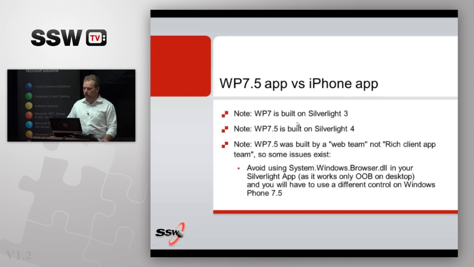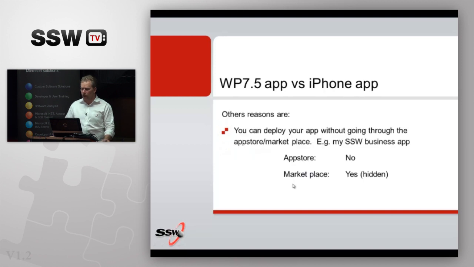Be aware, Windows Phone 7 is built on Silverlight 3, and 7.5 is built on Silverlight 4. There are just a couple of things to be aware of. You never use System.Windows.Browser; that's pretty much the biggest caveat. Other things: the App Store is not going to put through a business app.